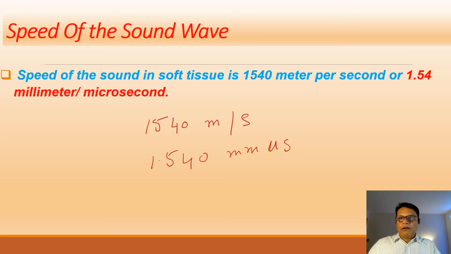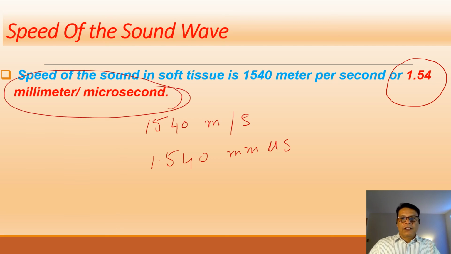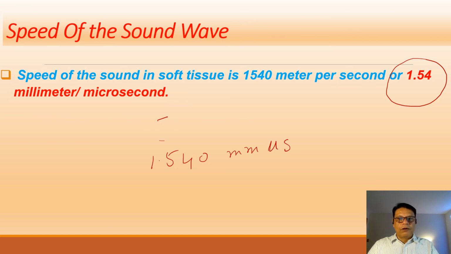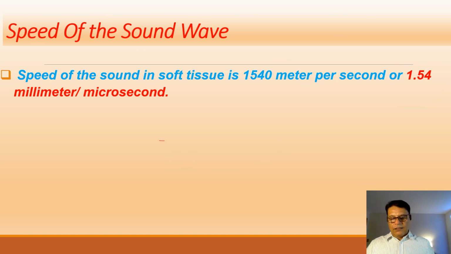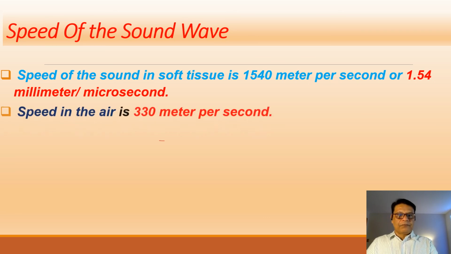Never ever forget this value and these units. They are often used in solving different problems, and there are a couple of questions regarding this in the SPI board exam.